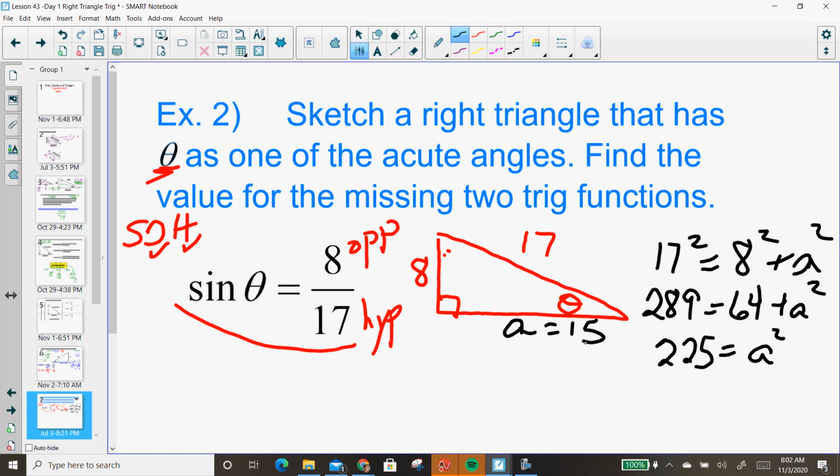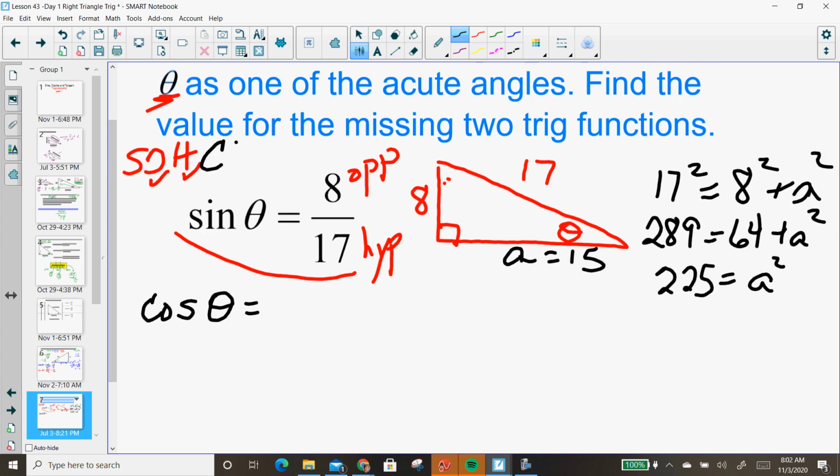Now we can find the two missing trig functions, which means cosine of theta and tangent of theta. So cosine is adjacent over hypotenuse. So type in chat, what will this ratio be?